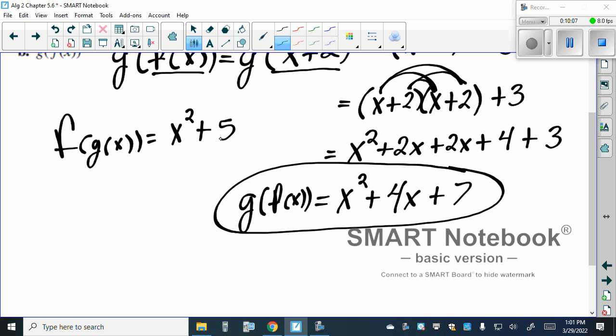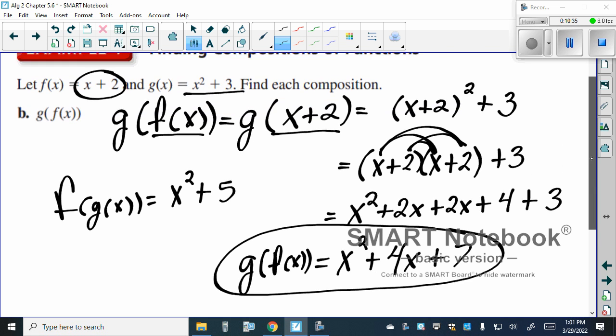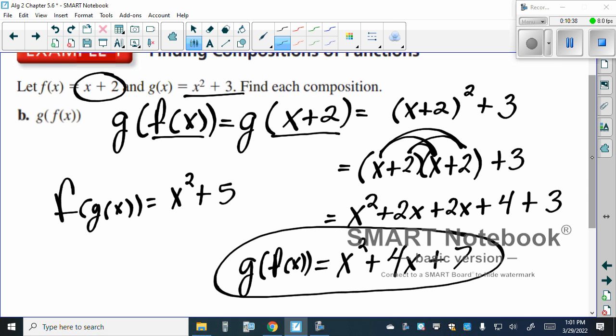For the most part, f of g of x and g of f of x aren't going to give us the same thing. And there's only a certain group, especially with addition, subtraction, powers, where this works out to give us the same type of function, and we'll look at those tomorrow. The only other way that most likely we'll end up with the same thing is if we're talking purely about multiplication and numbers. But are there any other questions on these composite functions so far?